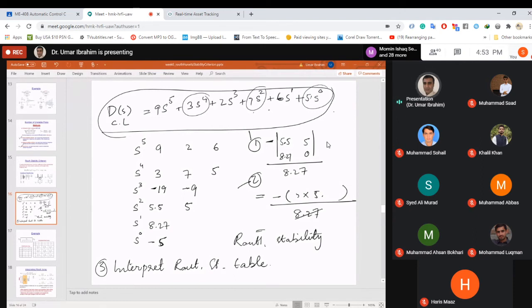Now, interpretation of the table is very interesting. We don't look at the other values, not S4, S3, just the first column of values of the table.